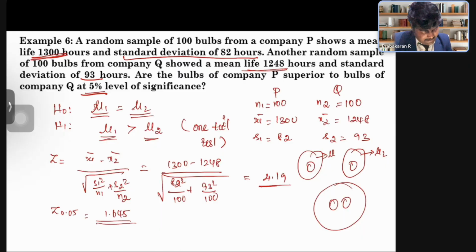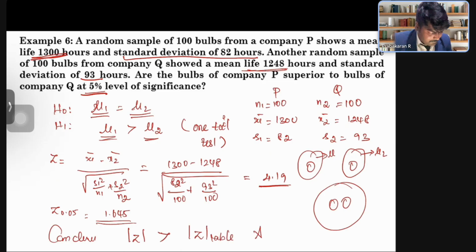Now by comparing these two, the conclusion: the z test value is greater than the z table value, so we have to accept H1. If you want to write it another way, reject H0. That means P is superior to company Q.